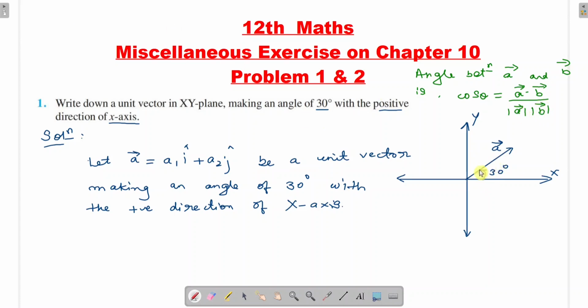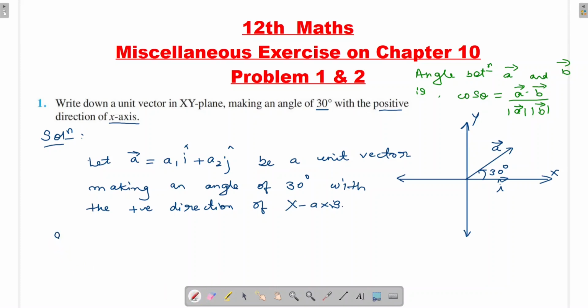Now you can see that this vector a bar is making angle 30 degrees with the x axis. You know that i cap is a vector in the direction of the positive x axis and is a unit vector.